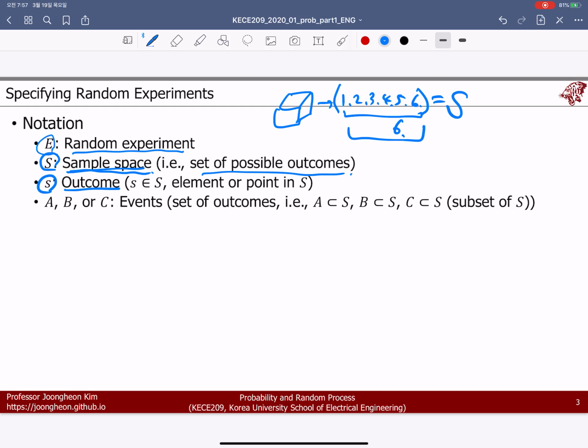And then we have the event. An event is kind of a condition to select some elements from this sample space. That's why we say that it is a subset of the sample space. It is a set of outcomes, and we have some conditions about it. So most likely we will focus on the sample space and events. Okay.